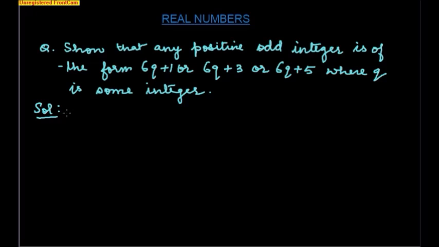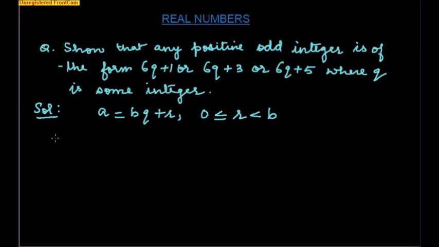As we have gone through the Euclid's division lemma, it says that A is equal to BQ plus R, where R lies between 0 and B. So in this case, if I take B to be 6, as you can see in the question, it is 6Q plus 1. So instead of B it is 6, and instead of R it is 1 in this case, 3 in this case, and 5 in this case.